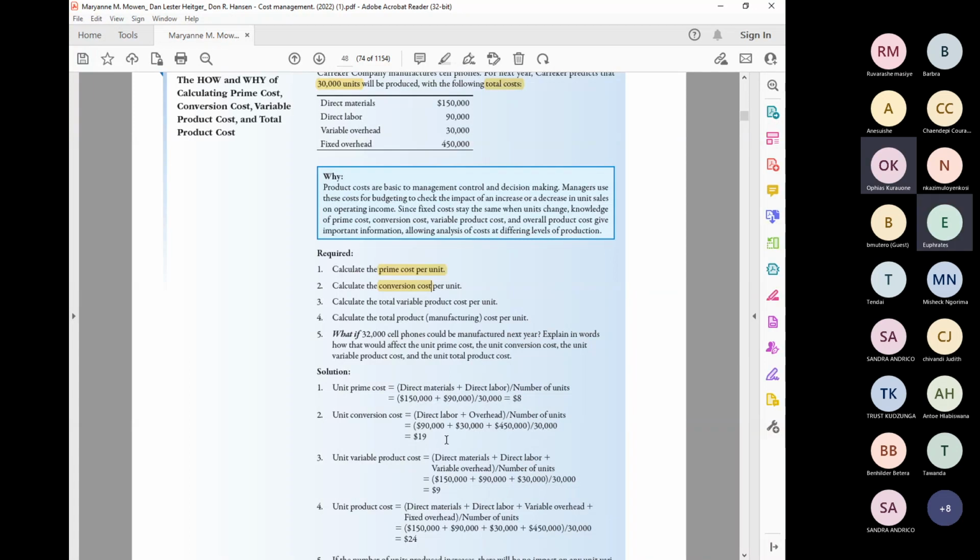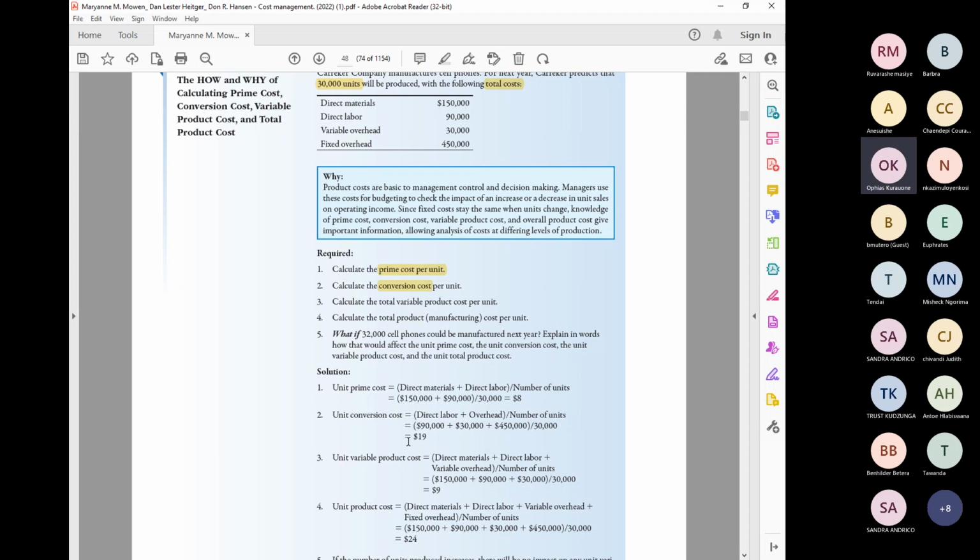We need labor, the carpenters who are going to work, plus the variable overhead. For example, you might need electricity to produce that. And then you add the fixed cost. Exclude the raw materials.